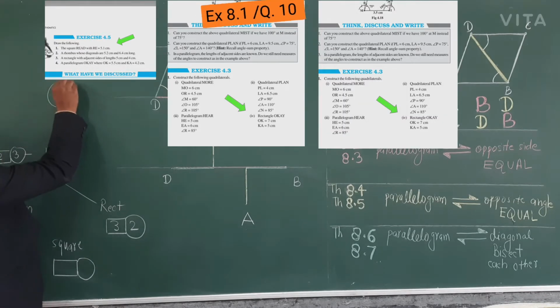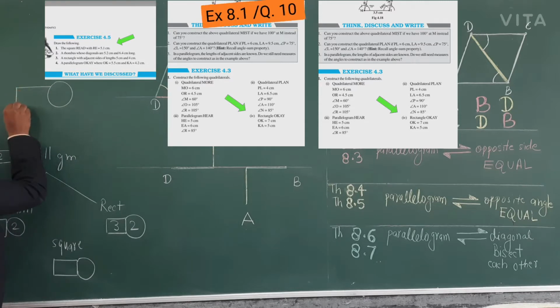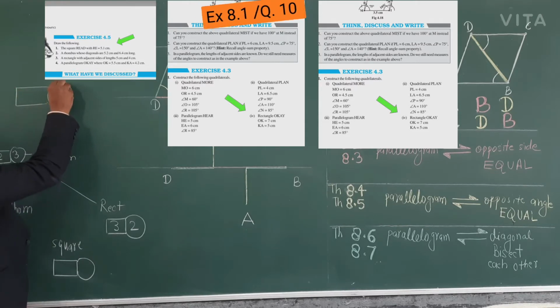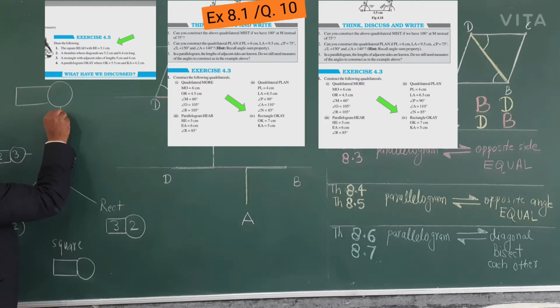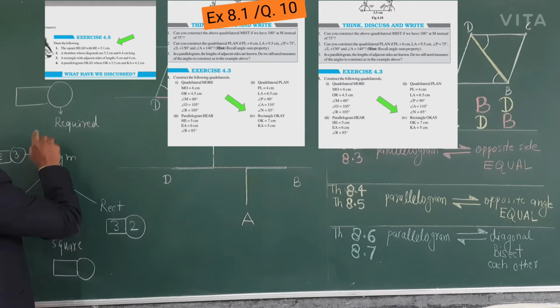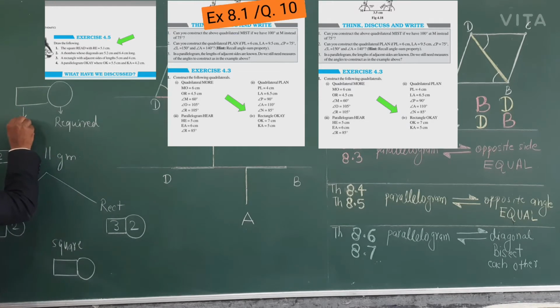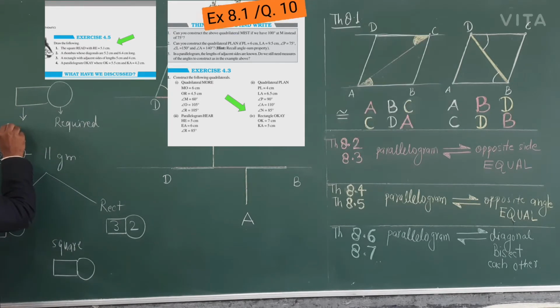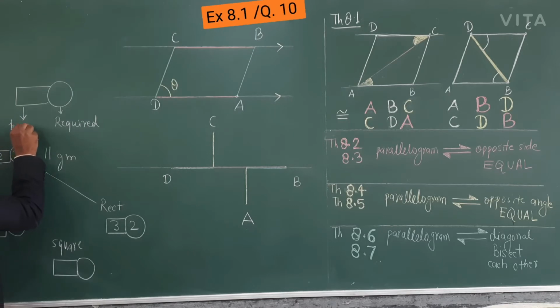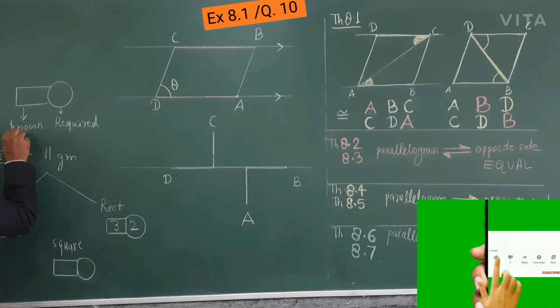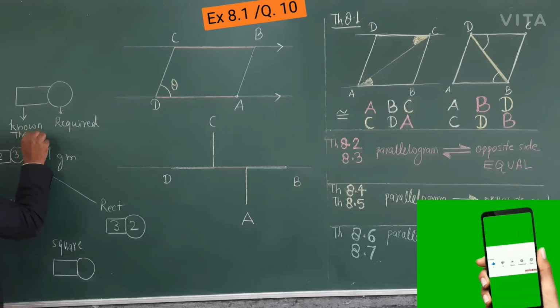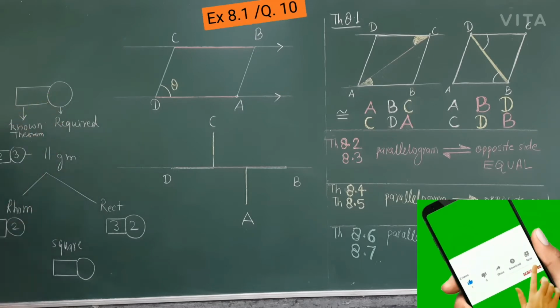Whatever number of informations I have written here is required, and whatever I have written here is a known property, a known theorem. So take it into consideration. What about the square?